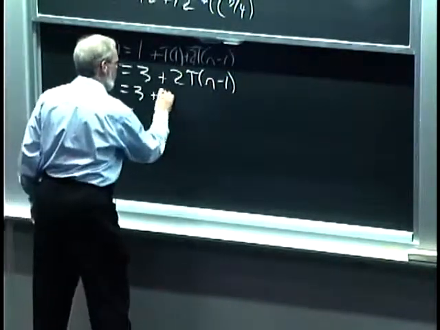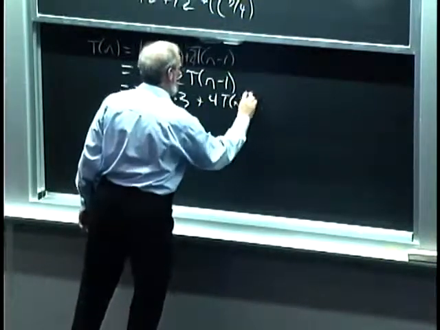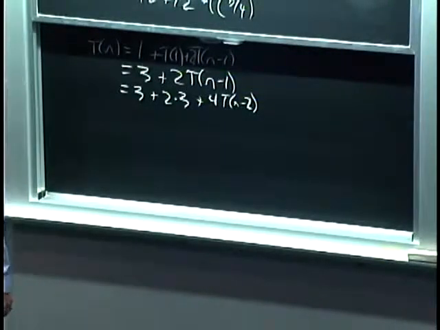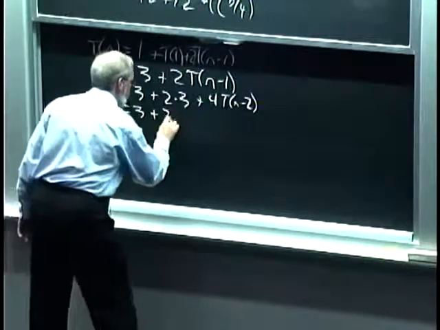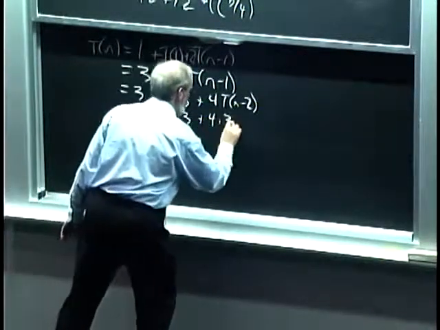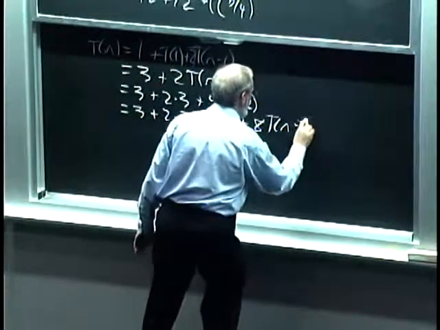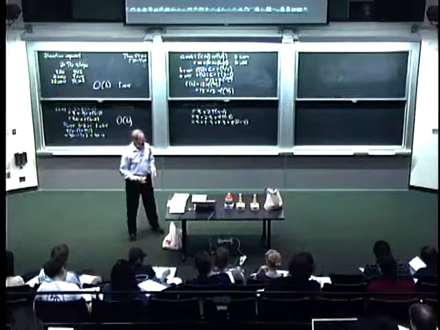So this is 3 plus 2 times 3 plus 4t n minus 2. Okay? And if I substitute it again, I get 3 plus 2 times 3 plus 4 times 3 plus 8t n minus 3. And this is going by a little fast. I'm just substituting in. I'm going to skip some steps.